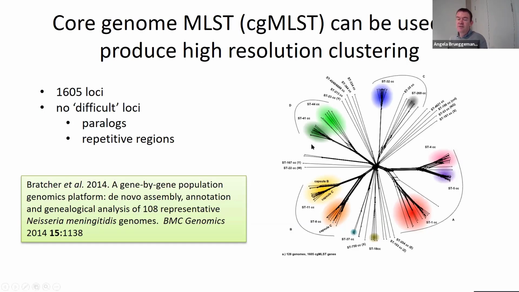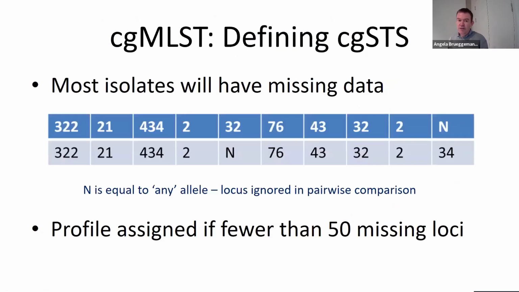So 1,600 loci. From that, we create a core genome MLST scheme, and we define core genome sequence types just like we do standard MLST.